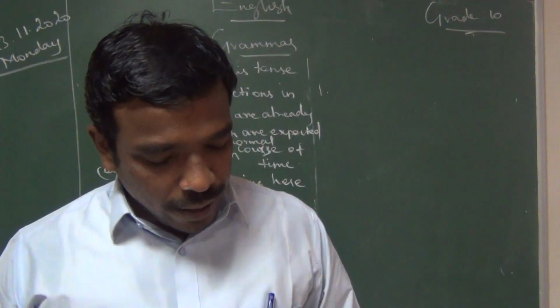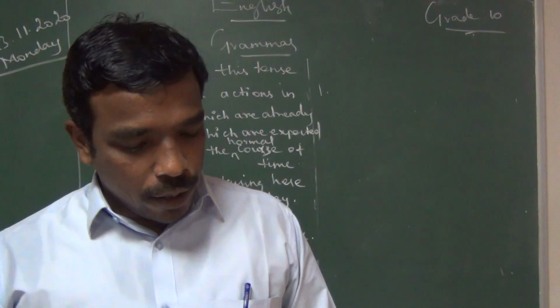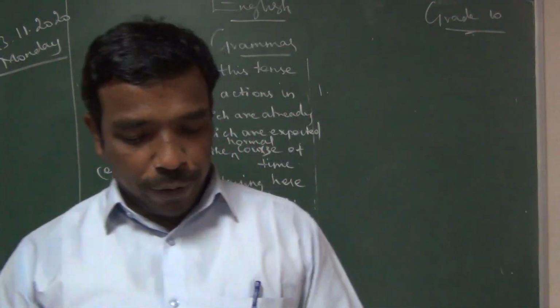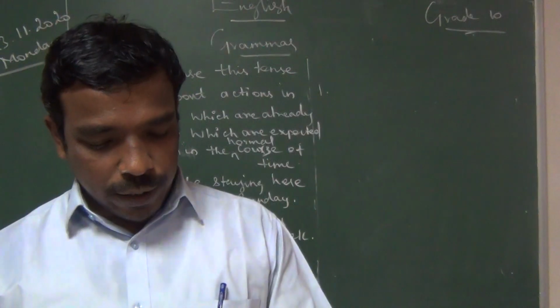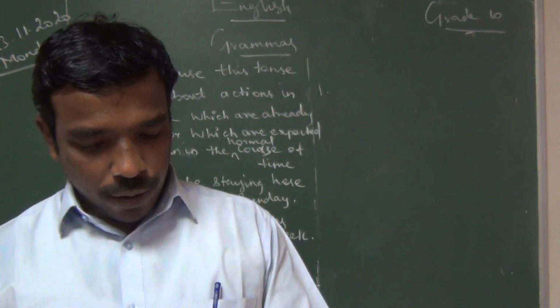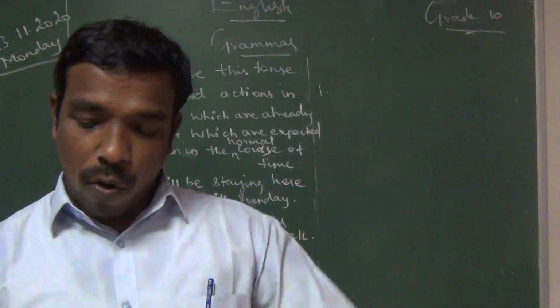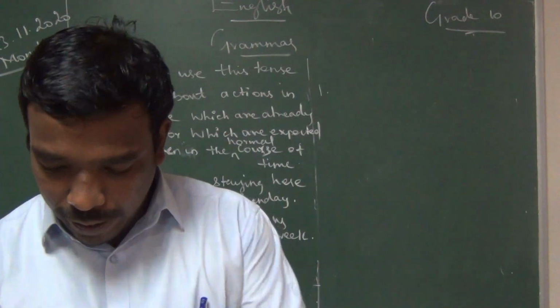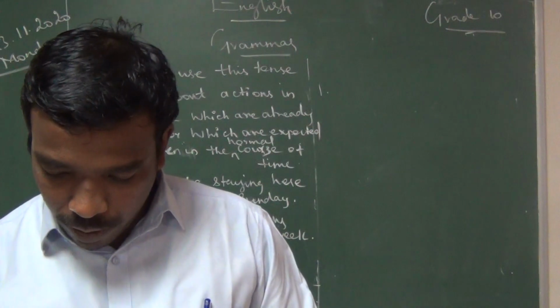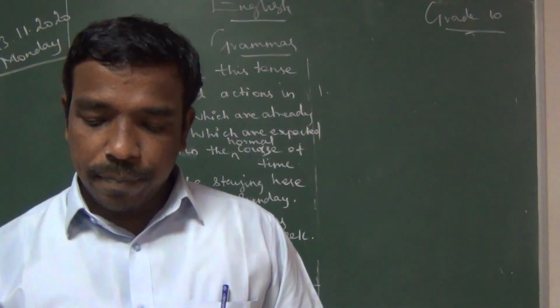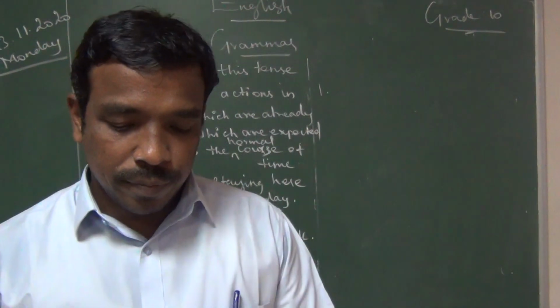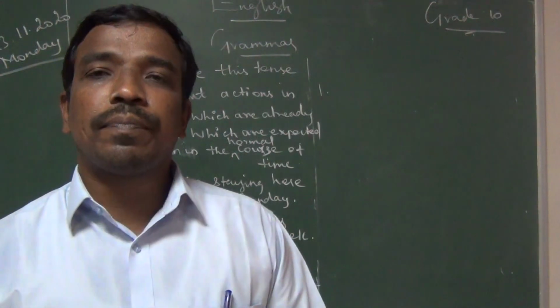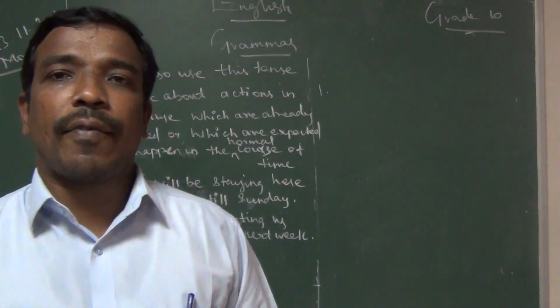Some exercises are there, so for your reference I will give you some questions. Take them down. We can follow all the tenses, not only this tense. Write the question.